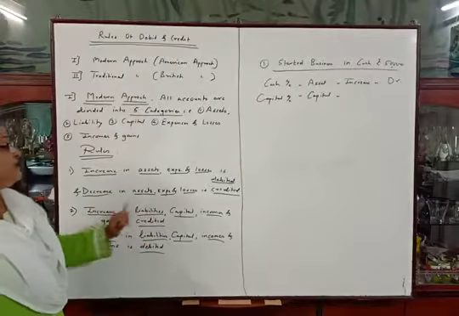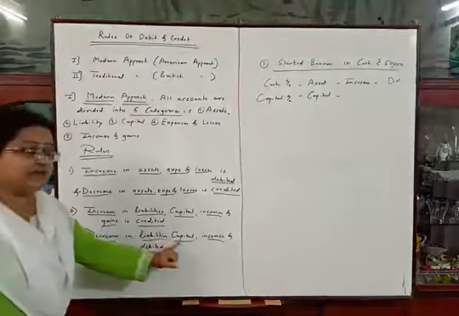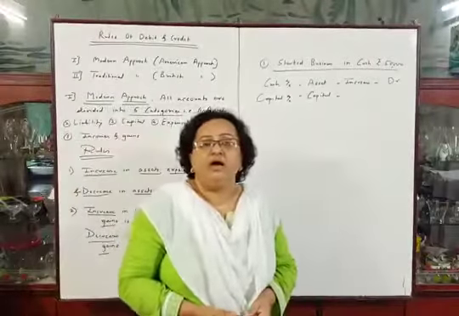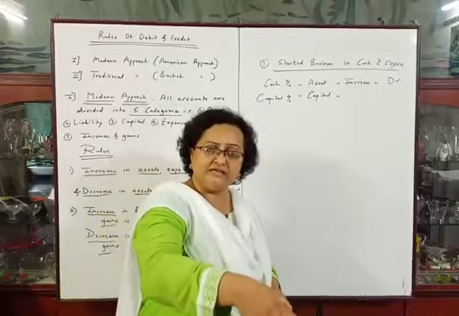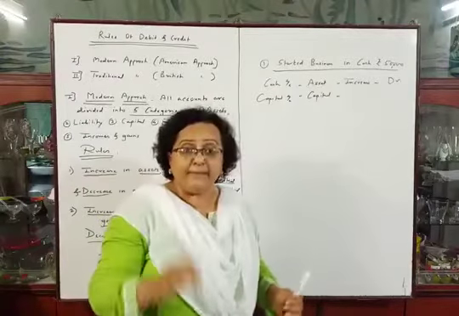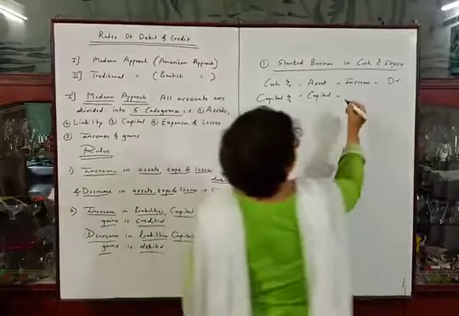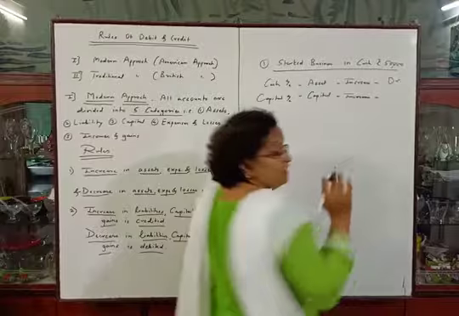Means if there is an increase in capital, it should be credited. If there is a decrease in capital, it should be debited. See here. As the owner is giving cash to the business, in the business capital is increasing. So capital also increases here. Understood?